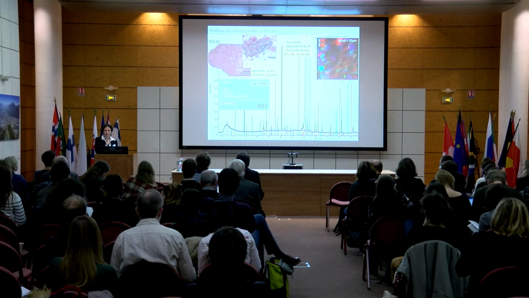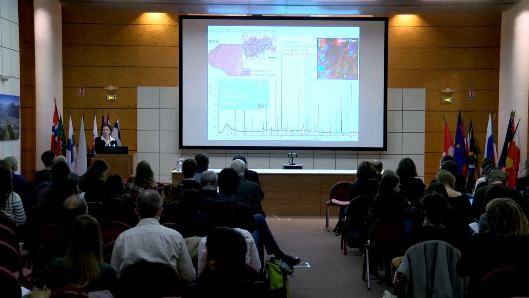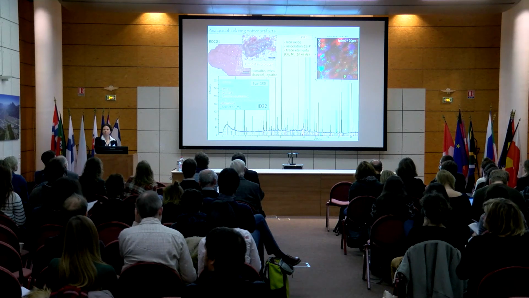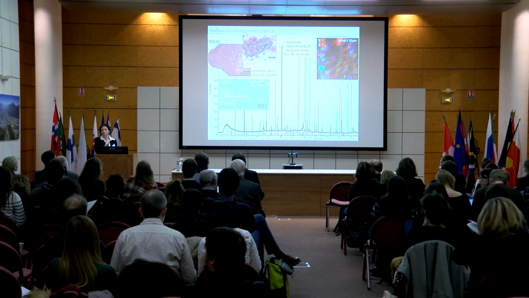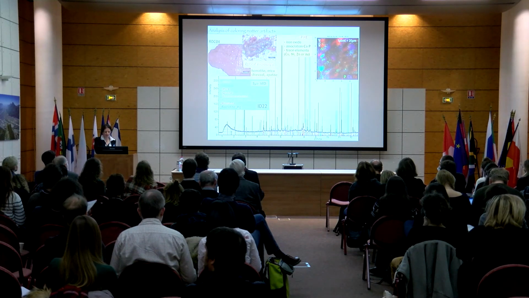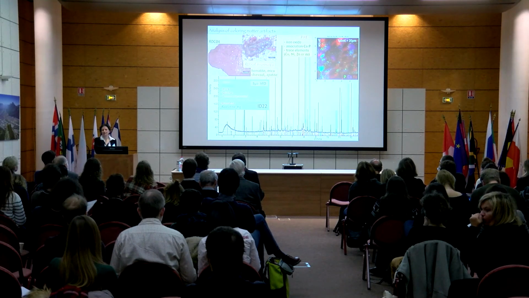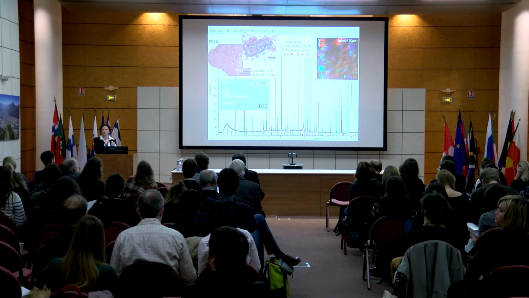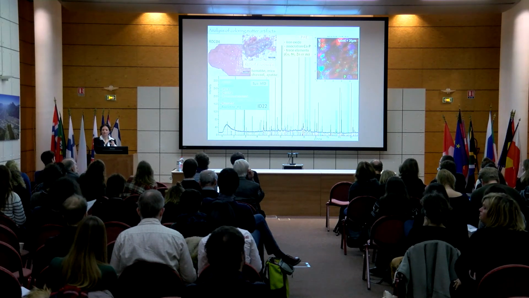Okay. Because otherwise, because you have this combination between carbon and apatite, you can also think of burnt bone remains. Yes, but we don't see any bones, and the size of the apatite is not sufficient.